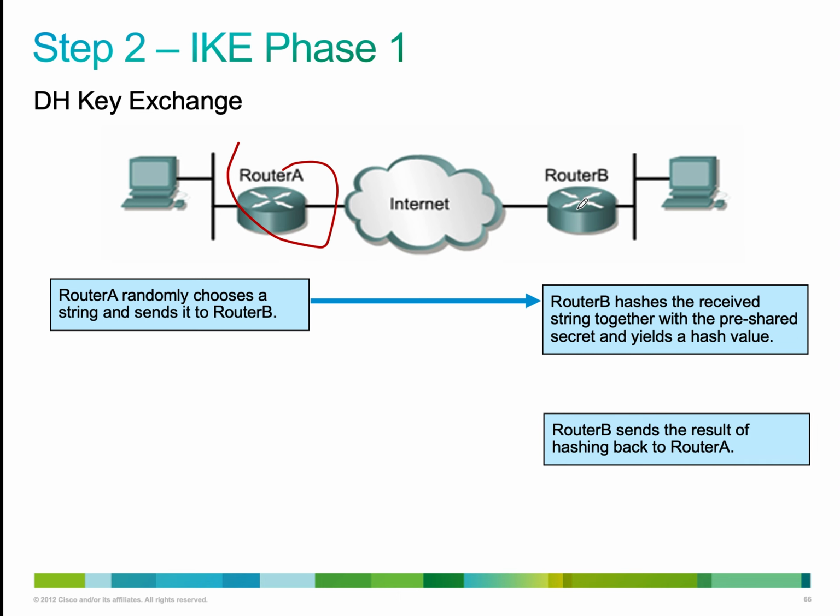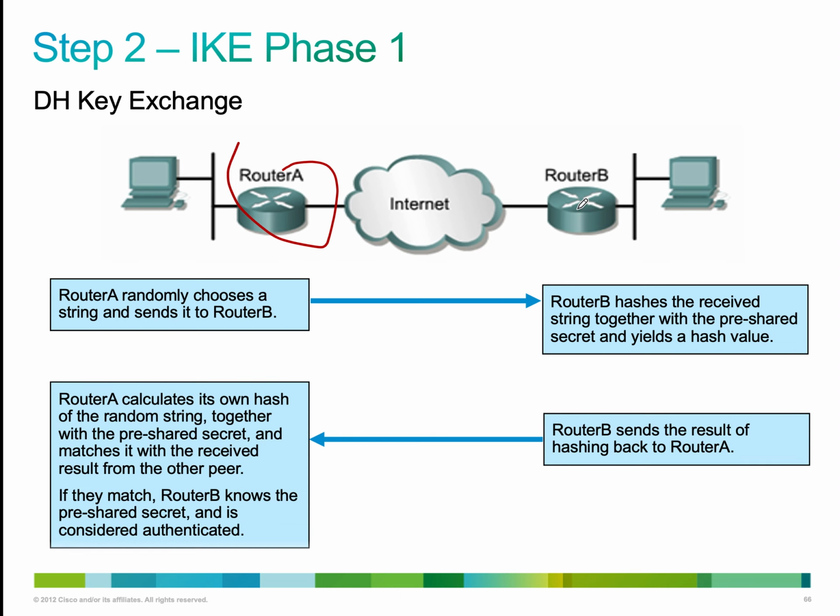Then router B sends the result of the hash back to router A. Now router A calculates its own hash of the random string together with the pre-shared secret, and if it matches the one received from router B, then the pre-shared secret is considered authentic, or authenticated.